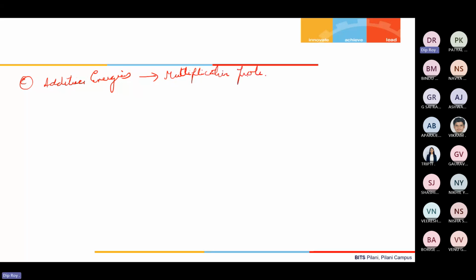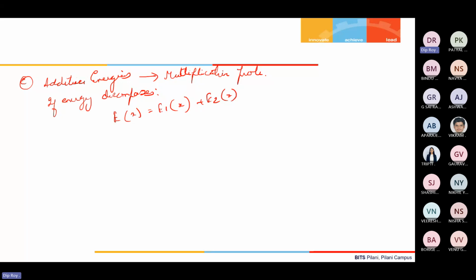What do we mean by that? It means that if energy decomposes, we can write it like this, decomposition.